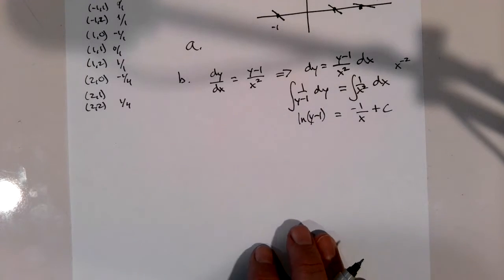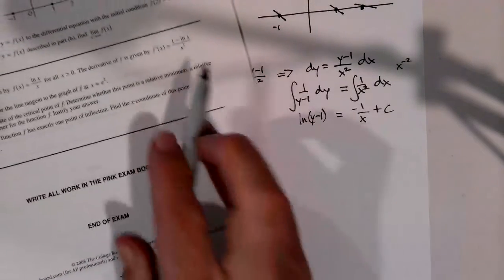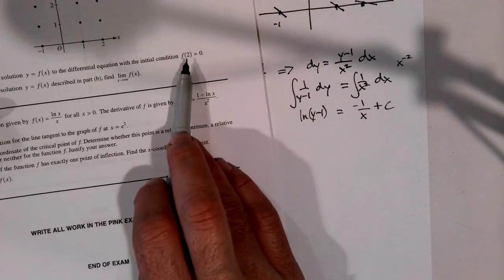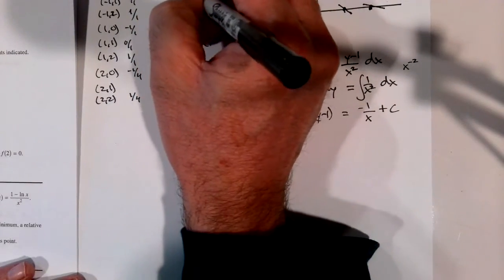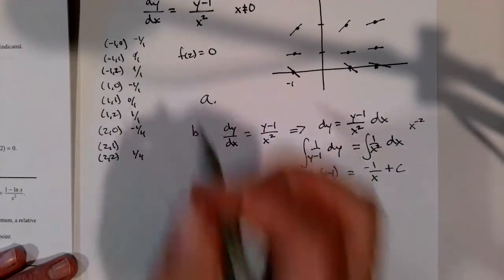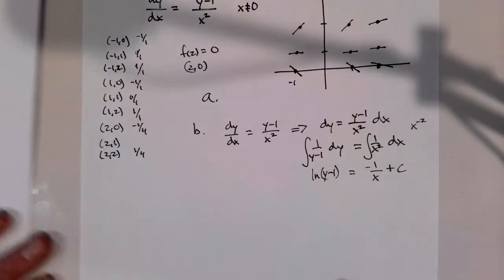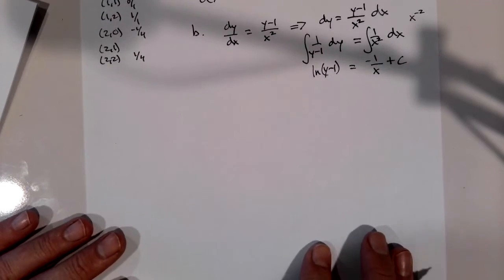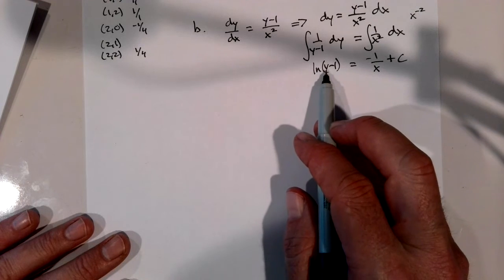Now I'm tempted to plug in my initial condition. The initial condition says f of 2 is 0. What that means is it goes through the point 2, 0. The x value is 2, the y value is 0. If the x value is 2 and the y value is 0, notice how I get a negative inside the log.